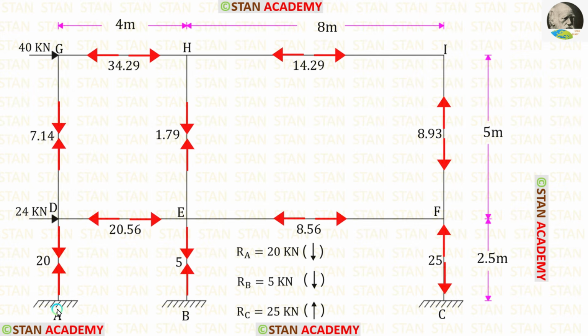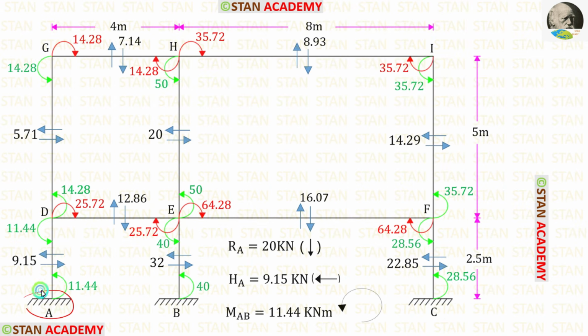Let us find the vertical reaction in the fixed end A. The axial force is acting upwards, so the reaction should be acting downwards. In the similar way, we can find the reactions in the points B and C. In the fixed end A, we have found the vertical reaction and the moment.